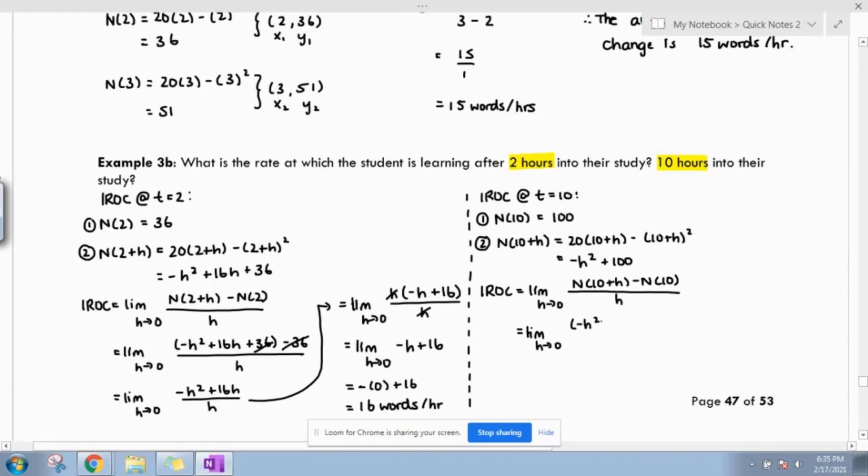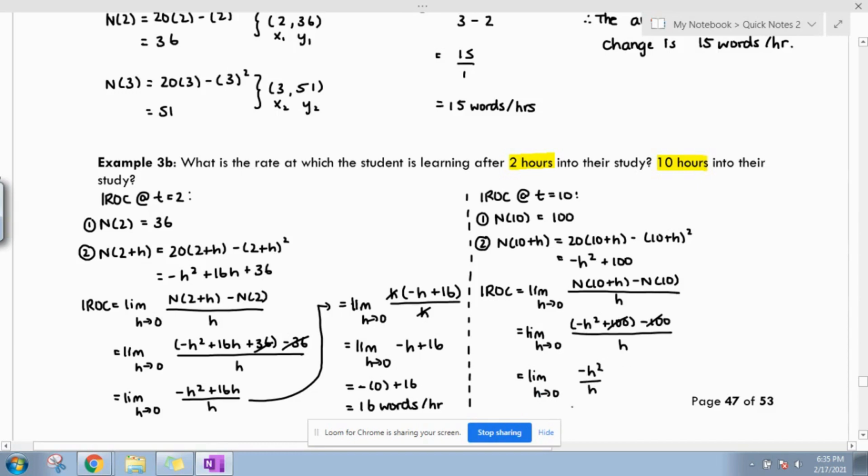I've got negative h squared plus 100 and then minus 100 all over h. Right away I notice, hey, I can cancel out the positive 100 and the negative 100. So I'm going to do exactly just that. And then I'm left with the limit as h approaches 0 for negative h squared over h.